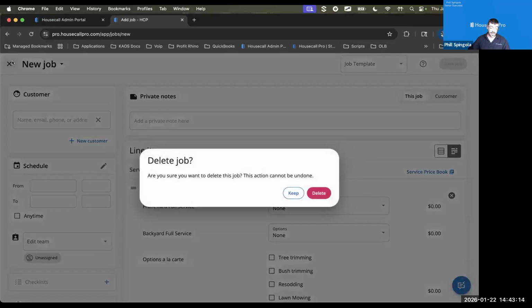My assumption is that by setting up a recurring job, we've already set up that this job is within these particular parameters. So if we make increases to the price book, those jobs are already going to be set. That's just me thinking out loud and understanding how the system works, but I just haven't tested that.